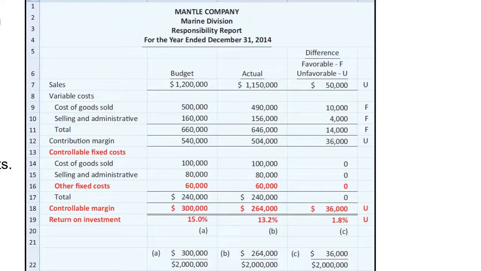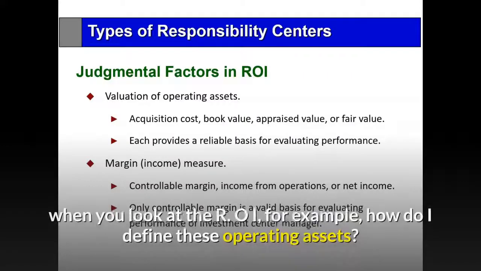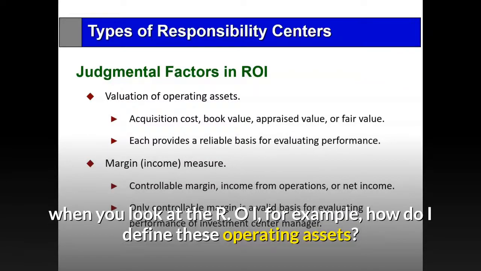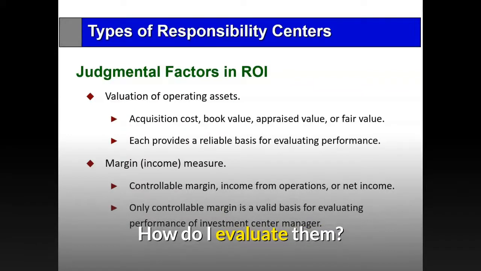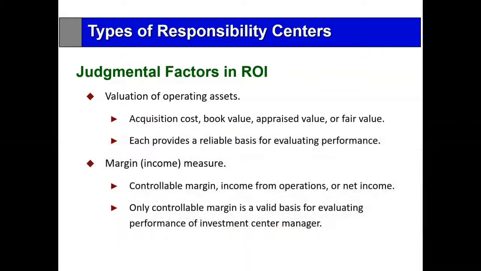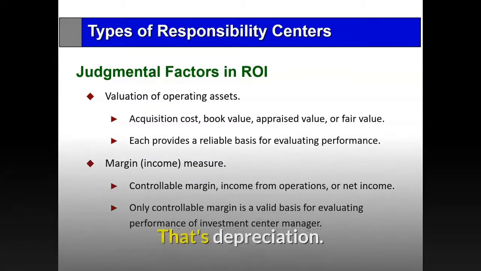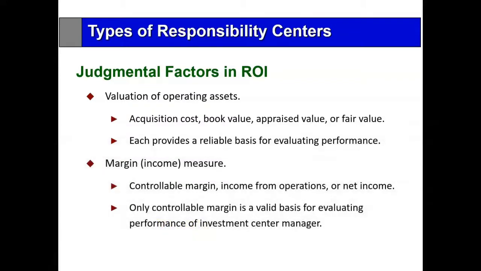So there are a number of things to consider when you look at the ROI. For example, how do I define these operating assets? How do I evaluate them? Acquisition cost, book value, that's depreciation. So an older division responsibility center would have less book value in assets, appraised value, fair value.